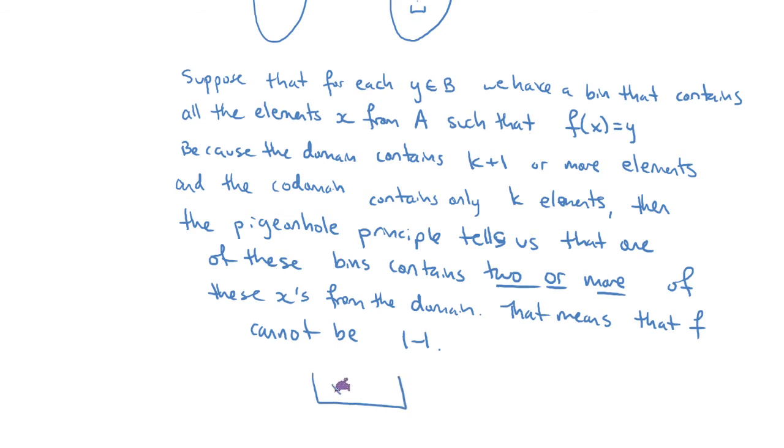It would be as if you have an x1 and an x2, and possibly more, where f of x1 is equal to y and f of x2 is also equal to y, but these are distinct elements from the domain. So f is not 1-to-1.